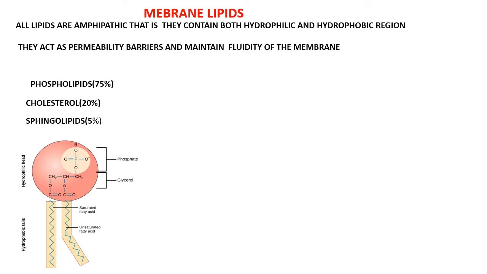Lipid is amphipathic in characteristic. It means it has two parts, the head region, which is polar and hydrophilic in nature, and the tail region, which is hydrophobic in nature.